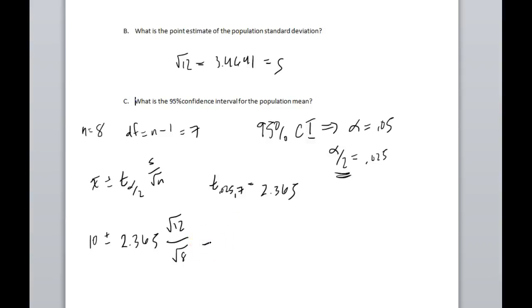When we calculate this all out, we're getting an interval, because we did the plus or minus calculation. We come up with the interval of 7.103 to 12.897. That's that.